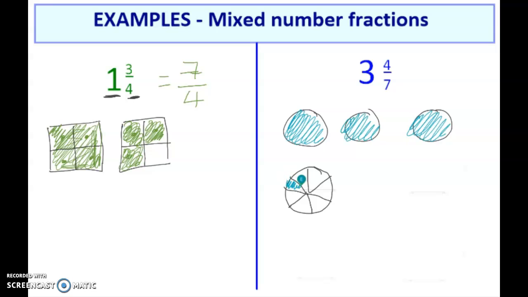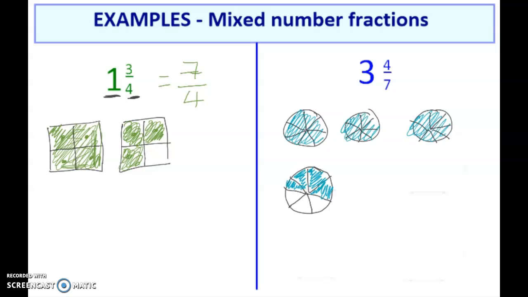1, 2, 3, 4. And then like we did with the other example, I can split my circles into 7 sections too. Well, that one's a bit better, isn't it? 7's a really hard one to do.